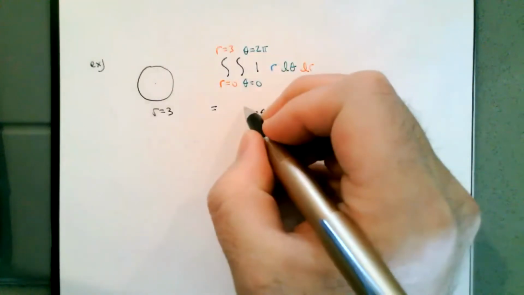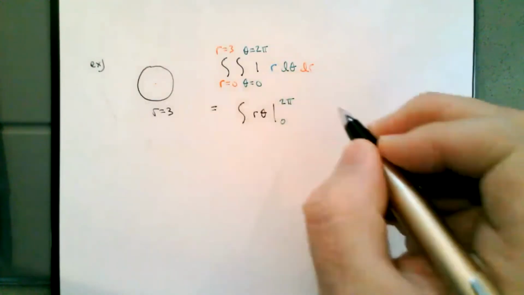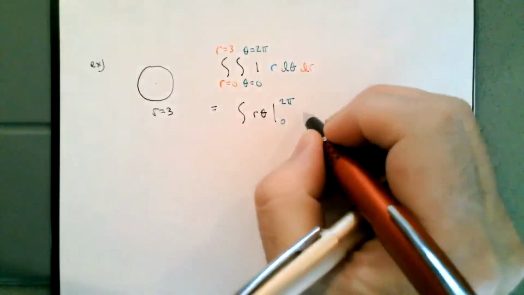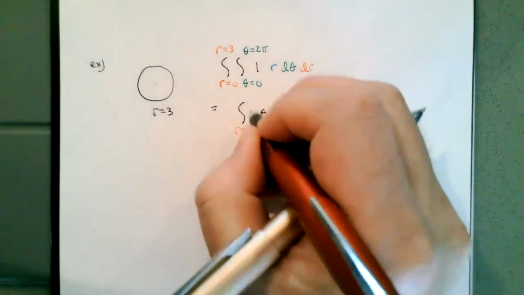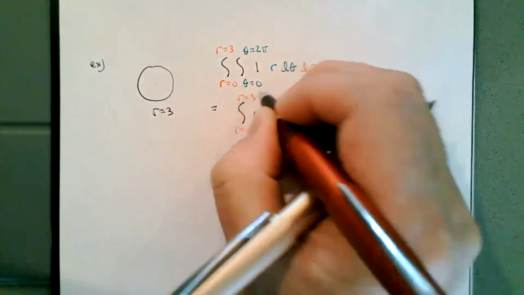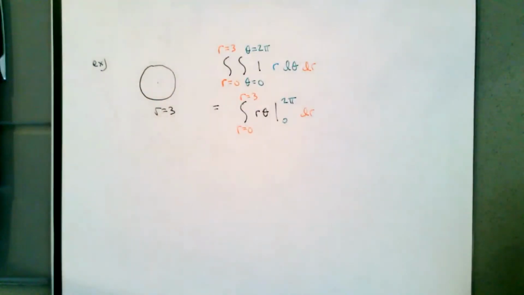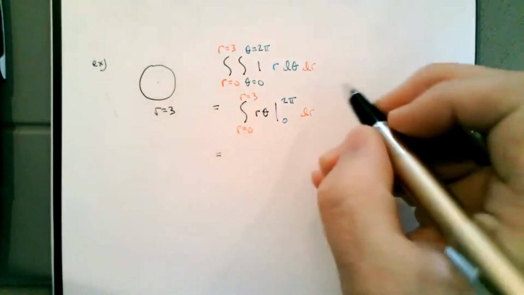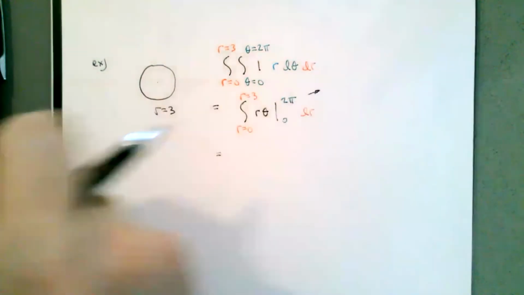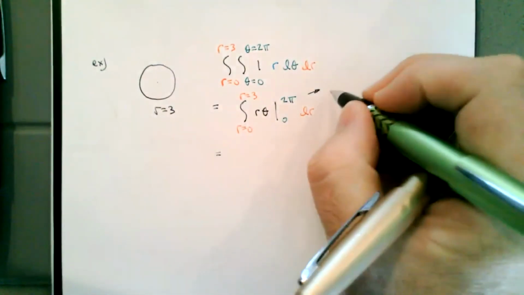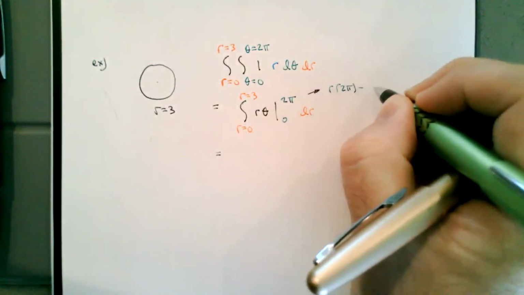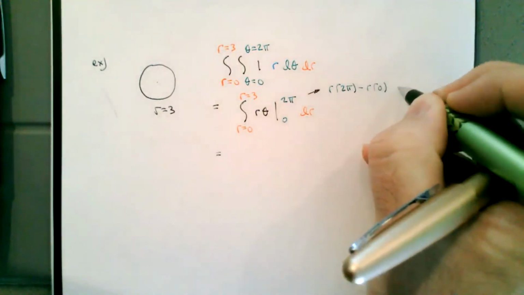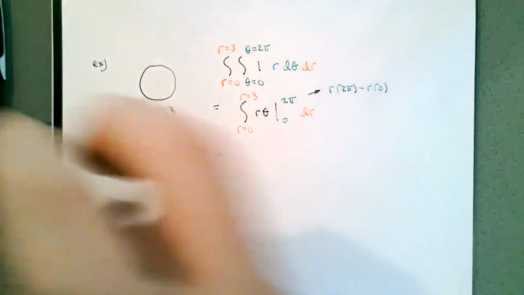We still haven't integrated with respect to r. So we plug in 2 pi and we plug in 0. So we're going to have r times 2 pi minus r times 0. So that's just going to be 2 pi times r.